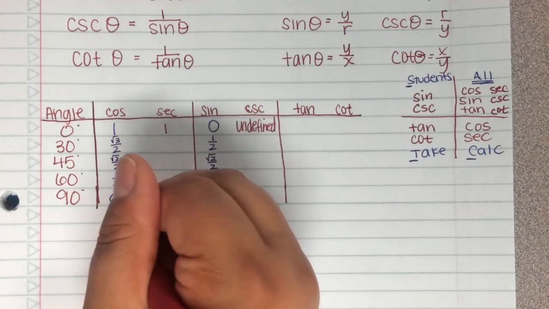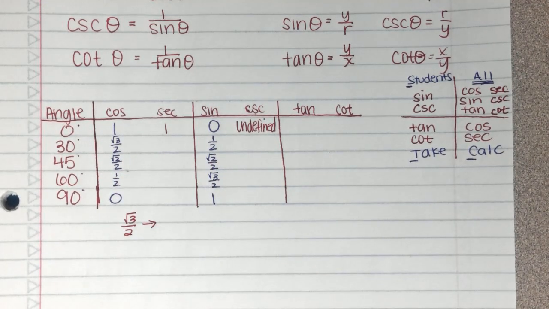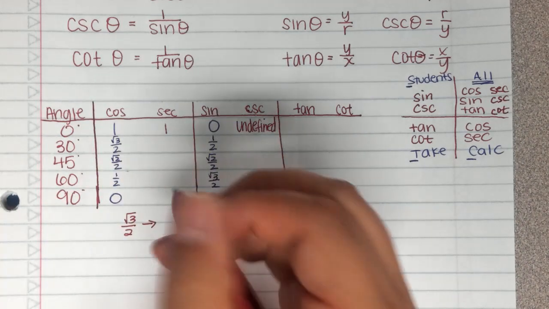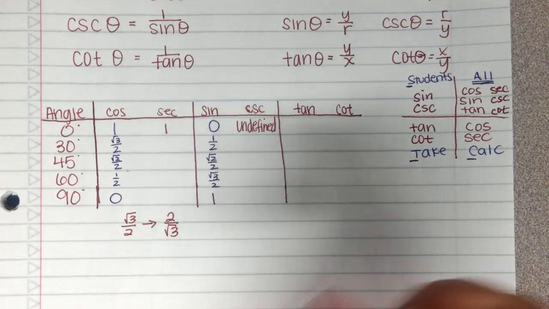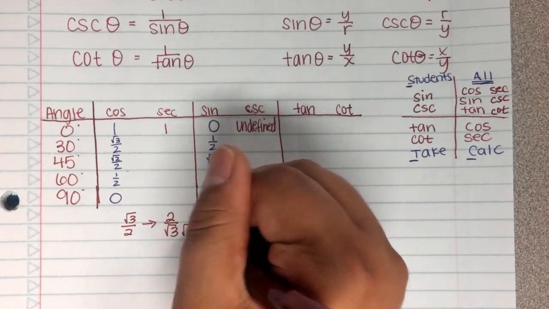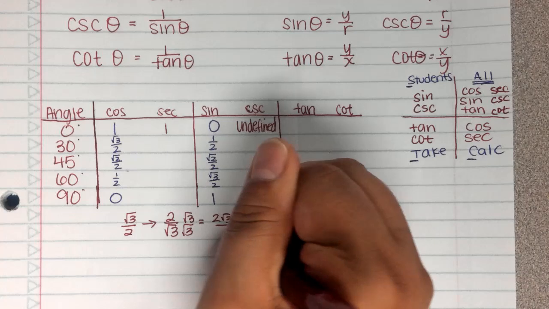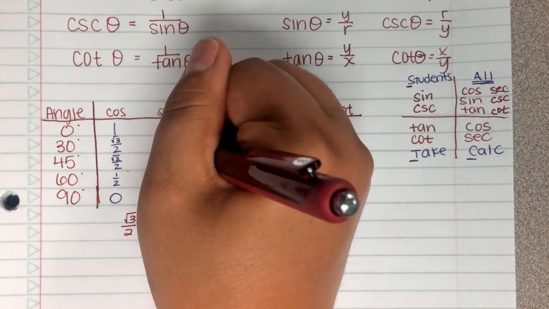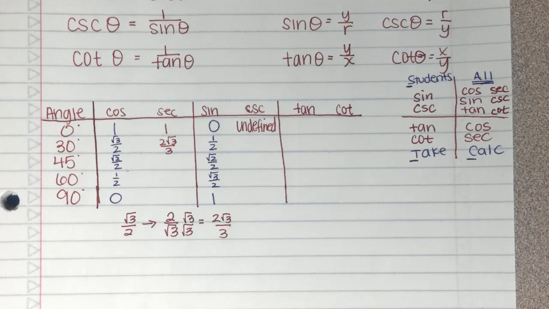What about the square root of 3 over 2? When I flip that, what do I get? 2 over the square root of 3. Is that acceptable? No. What do I got to do? Rationalize it, and I get 2 square root of 3 over 3. Am I going to expect you to memorize these?